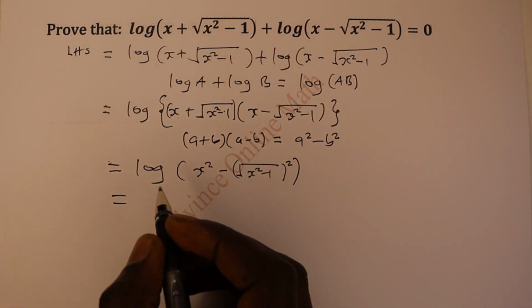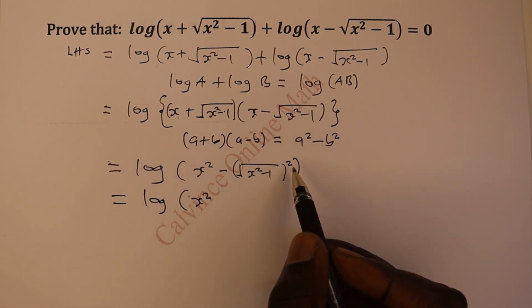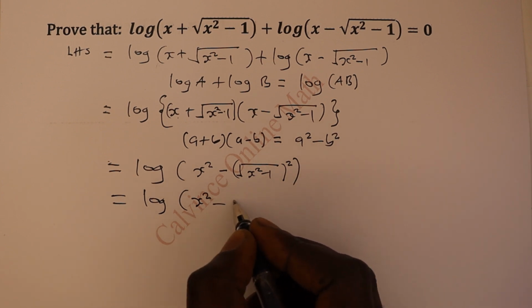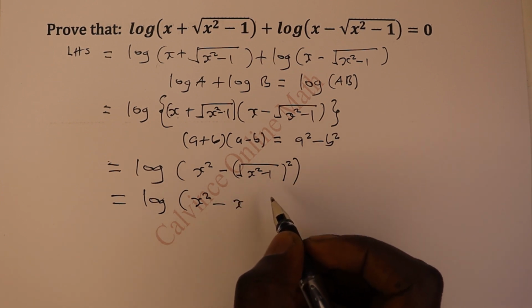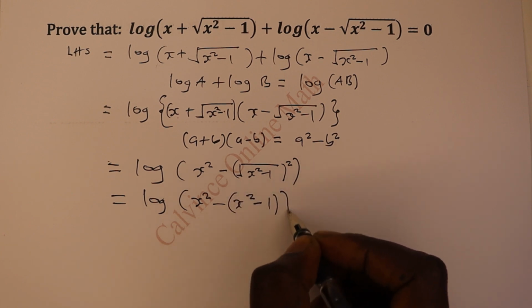So we can simplify this further. So we have the log of x squared, then this square and this root will cancel. So we're going to be left with minus (x squared minus 1) inside the bracket.